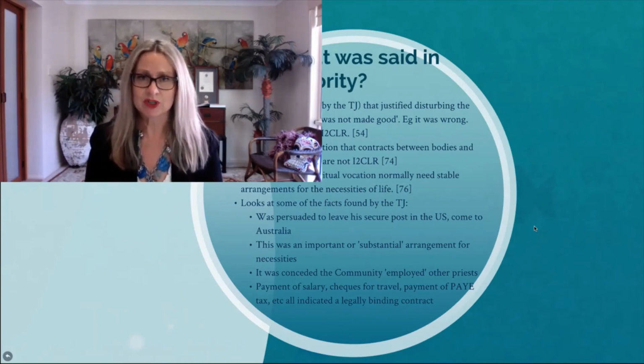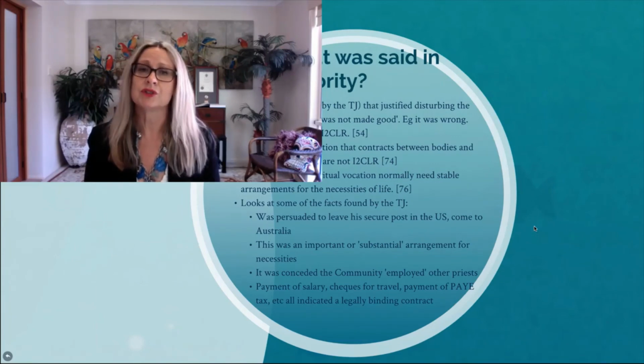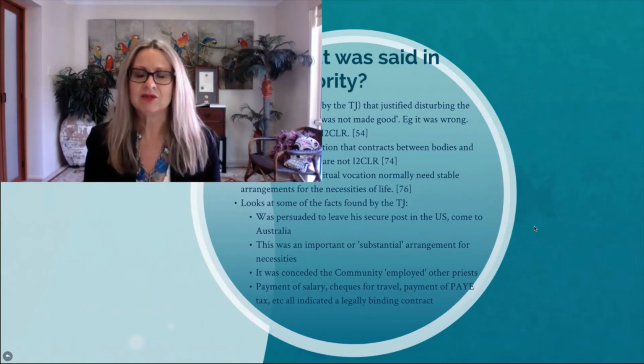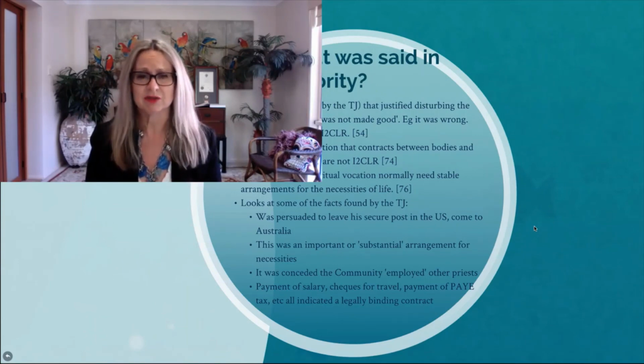Other things Kirby points to in the conclusions by the trial judge on the facts, things like it was already conceded that the community employed other priests. So then once you've done something like that and you've admitted that you've employed other priests that have a similar spiritual calling, how then do you distinguish between the archbishop and the priests? It's a bit artificial.